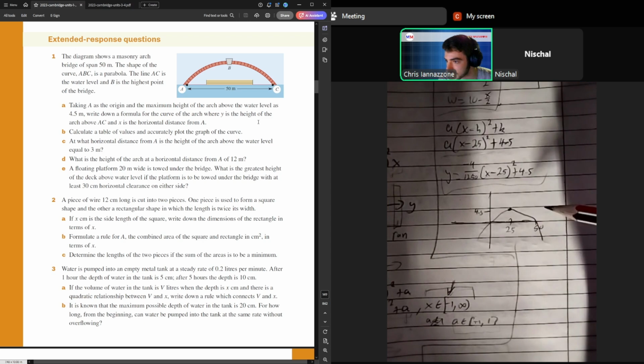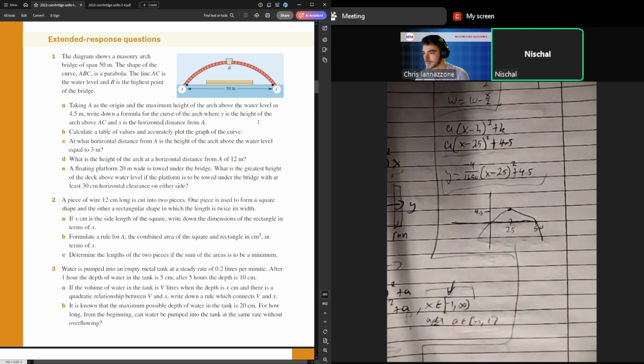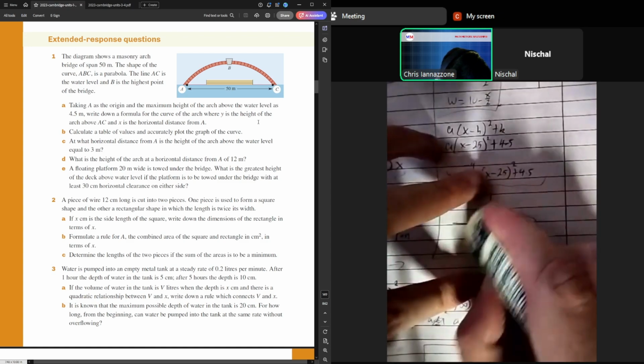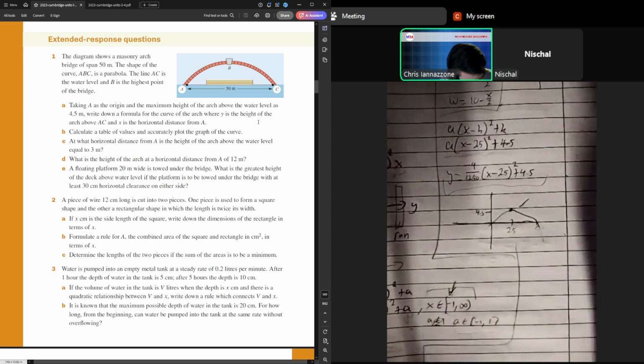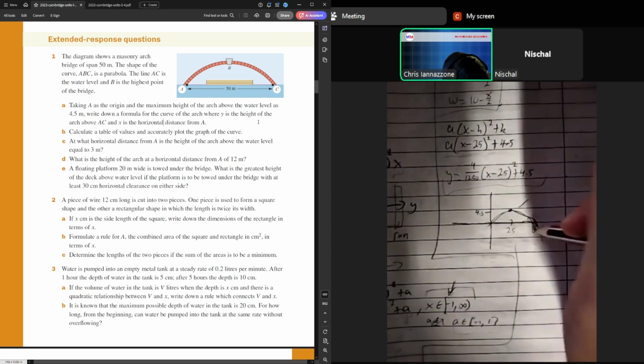Just trying to think, do we have to restrict the domain at all? It didn't really ask for it, but it is still in the context of a bridge. So I think the safest is to assume it's restricted to 0 to 50, because y being negative doesn't make sense for the scenario, and so this would be how to sketch it.